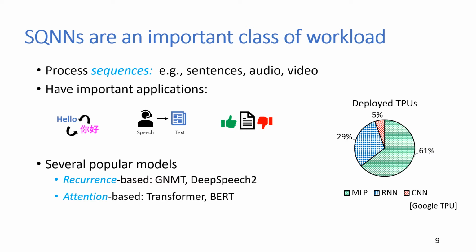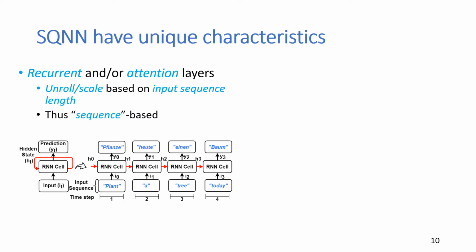There has been several prior work on deep neural networks. Then why look at SQNNs? SQNNs, compared to other networks, have unique characteristics. As briefly mentioned, these networks predominantly comprise recurrent or attention layers, and these layers unroll or scale with the input sequence length, as shown in the figure below.